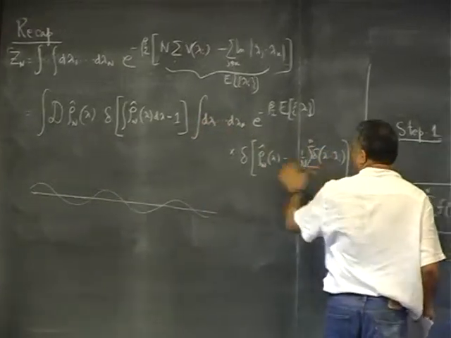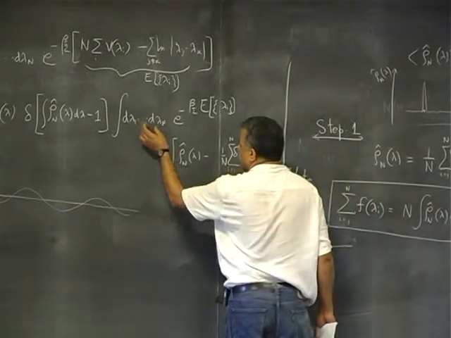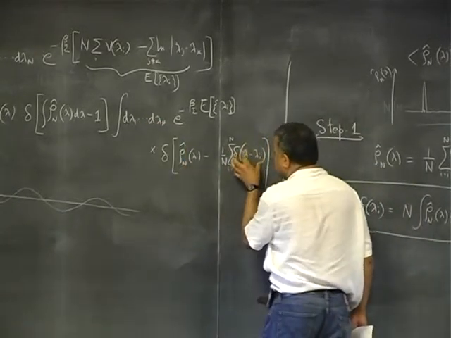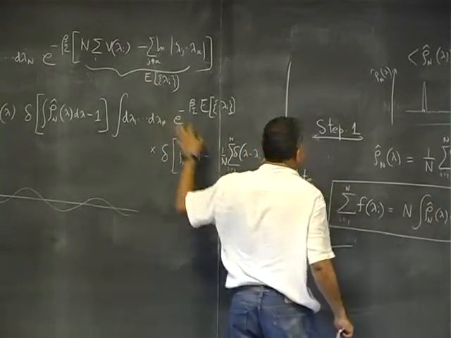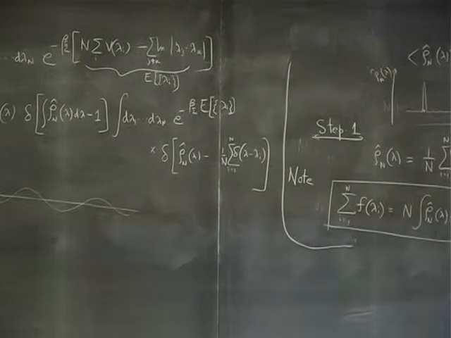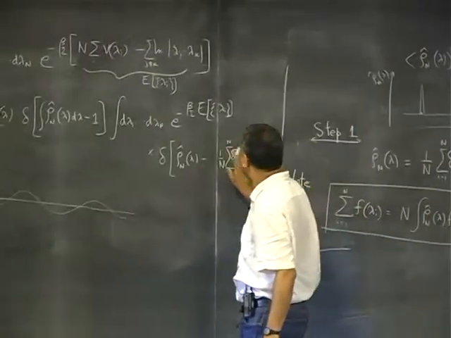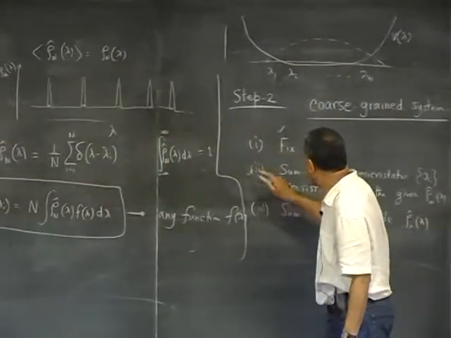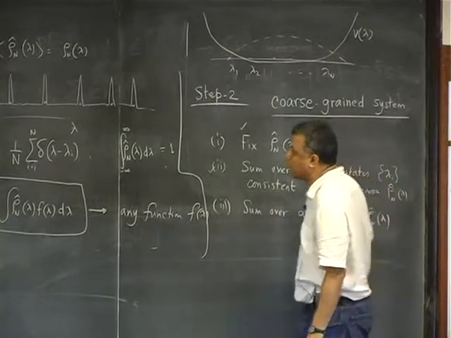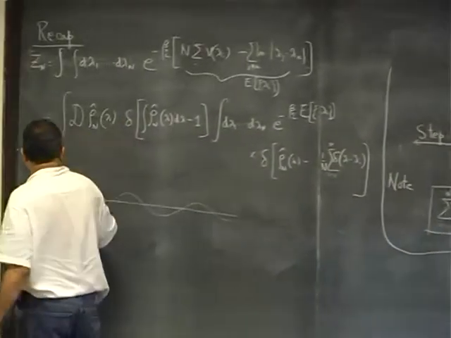Think of this part first. I'm doing a partial tracing over all possible microscopic configurations such that this delta function constraint is satisfied. So I'm fixing rho n lambda, and summing over all possible microscopic configurations consistent with this given rho lambda. And then finally, I'm integrating over all possible such things.